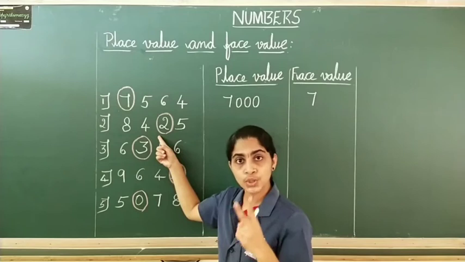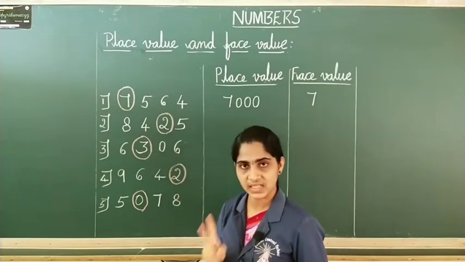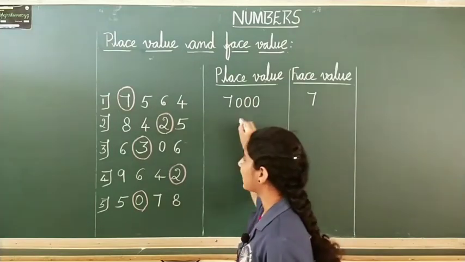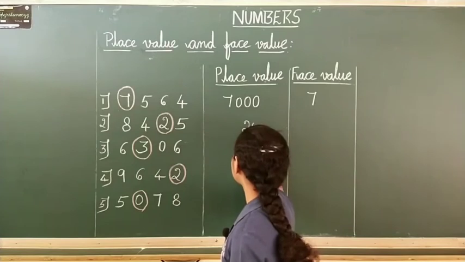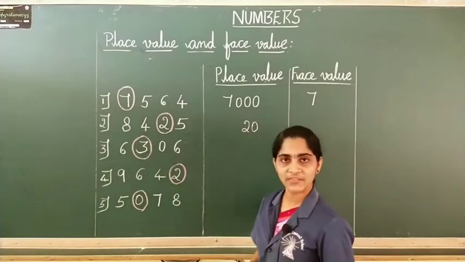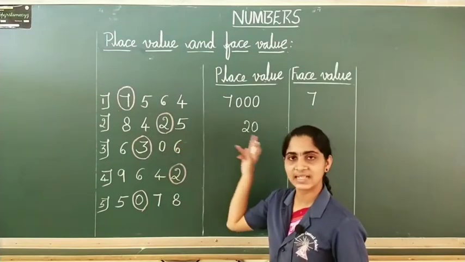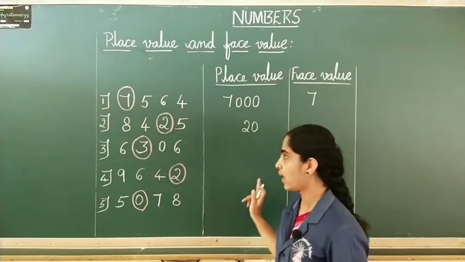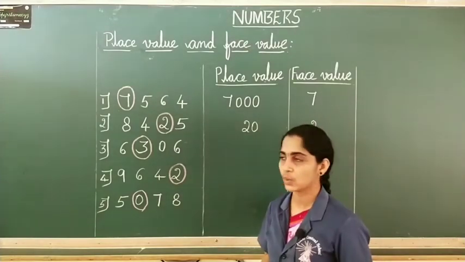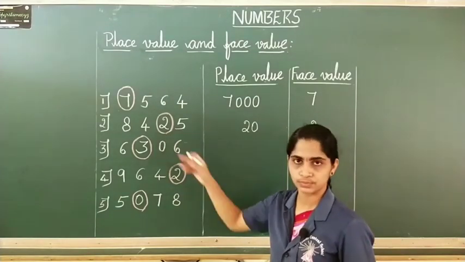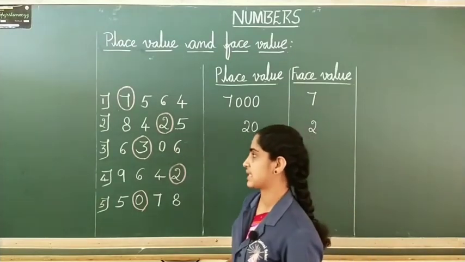There are 2 tens. 2 tens are nothing but 20. That means the place value of this 2 is 20. What about the face value? Yes, the digit itself is the face value. So, 2 is the face value of this 2.